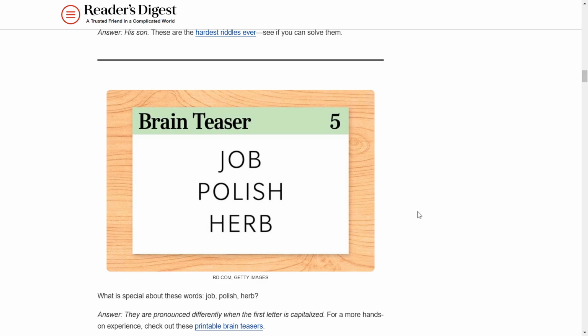They are pronounced differently when the first letter is capitalized. For a more hands-on drop, J, polish, P, herb. They are pronounced differently than the first. Are they?